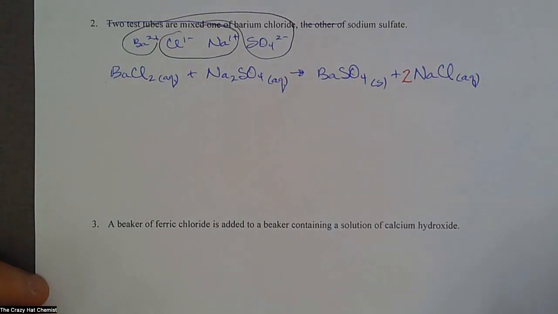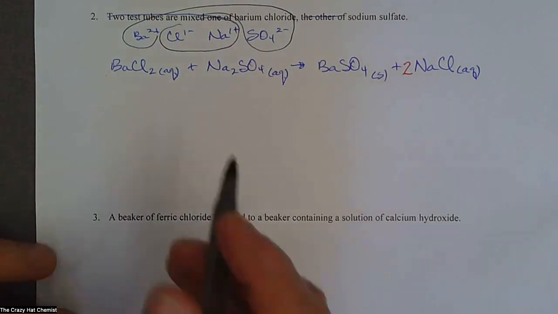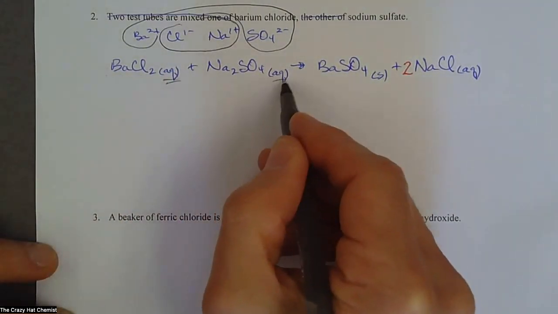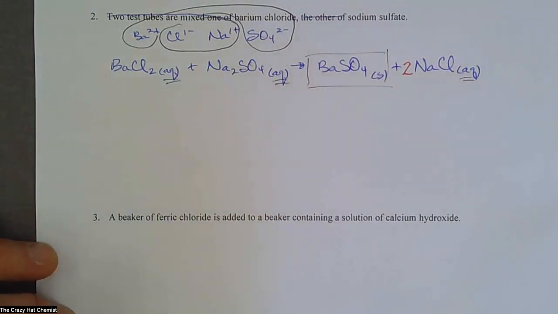All right, so the next step is to write the total ionic equation. The total ionic equation is taking everything that is aqueous and breaking it apart and leaving the thing that is a solid all to itself.